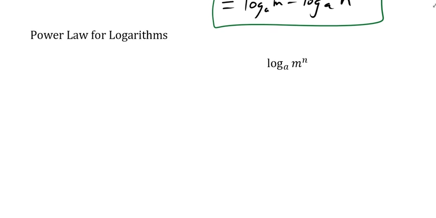So we're going to prove this one as well, and we'll start with let x equal log base a of m, and that means m equals a to the x.